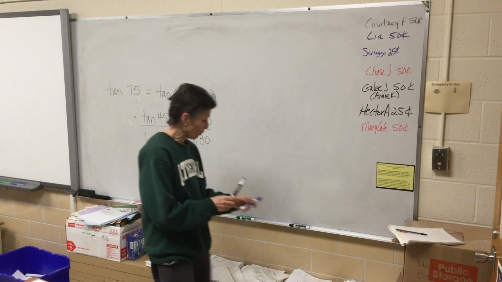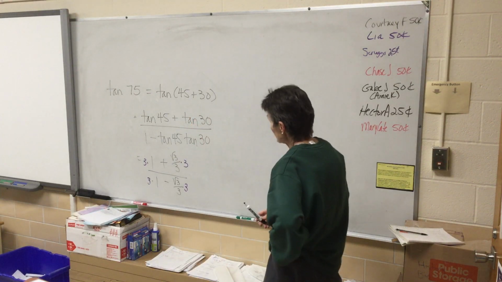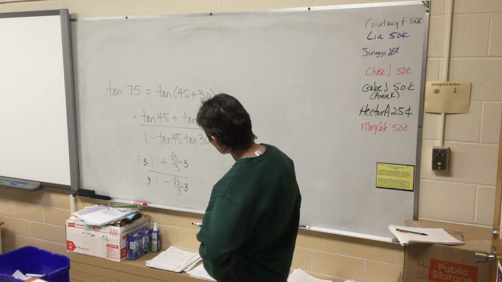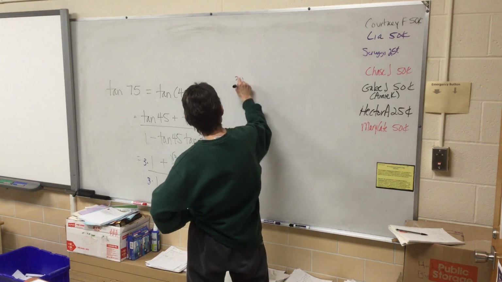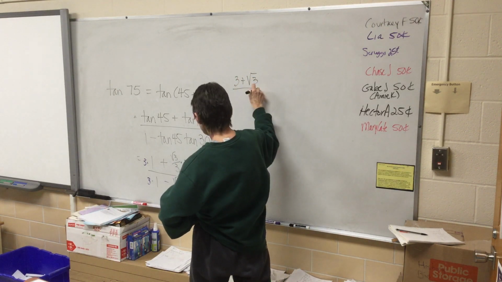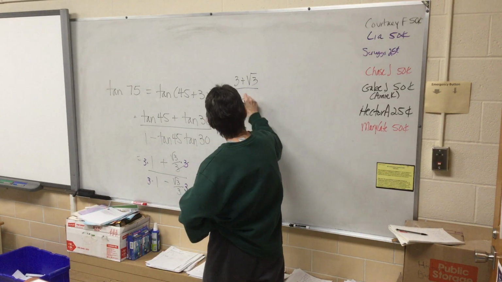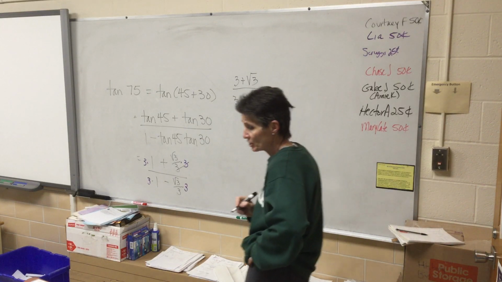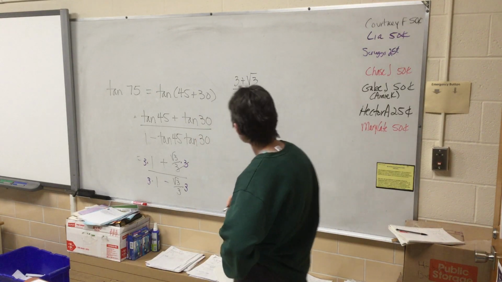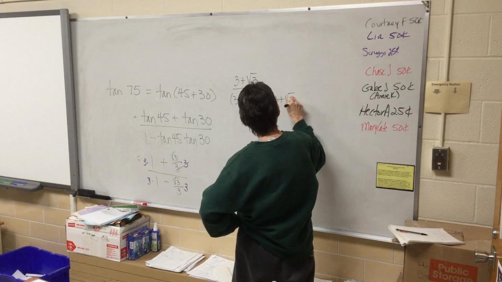But that means you're going to be foiling with a bunch of fractions. So it might be easier to get rid of the fractions first. So I'm going to multiply everything by 3. So now I have 3 plus root 3, right, because those cancel, and 3 minus root 3. Now I'll use my conjugate. It'll be a little easier just with the arithmetic now. So the conjugate is 3 plus root 3.